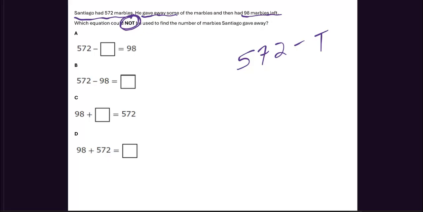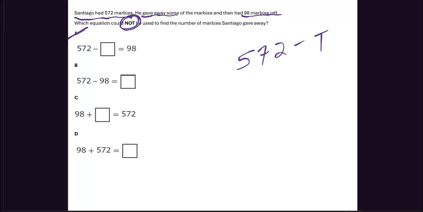Okay, so if he has 98 left, it's going to be 572 minus something equals 98 because that's how many he had left. So A would be out because it's the correct answer, but they want the one that's not the correct answer.